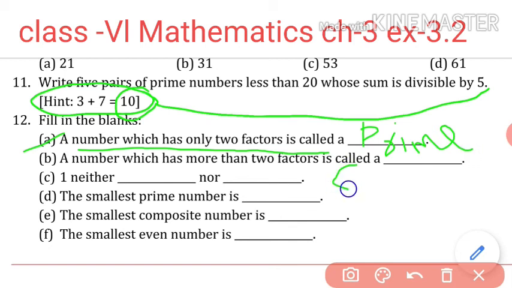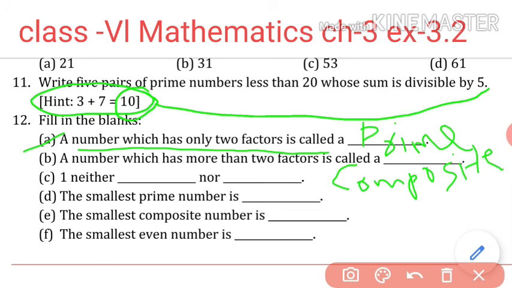Now next, a number which has more than 2 factor is called what? More than 2 factor is called what? Composite number. C-O-M-P-O-S-I-T-E. This is called what? Composite number.